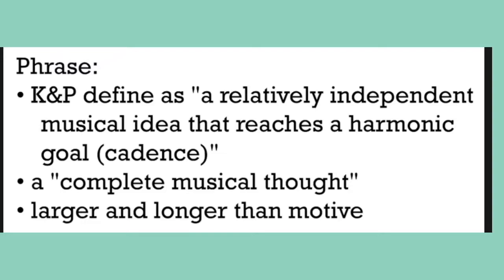Somebody else might say, well, I don't know about that. I think actually 8 measures feels more correct as a phrase. There aren't always black and white, right and wrong answers when we're talking about musical form. What's important is that we understand the vocabulary that we're using, and we are able to look at the music and use our observations to support what we think the phrase is.